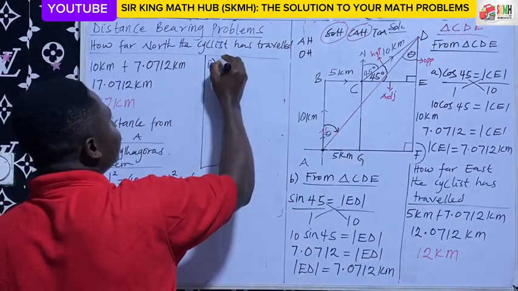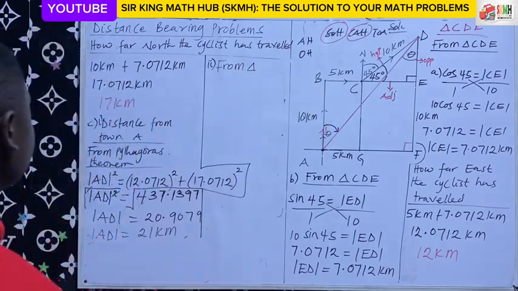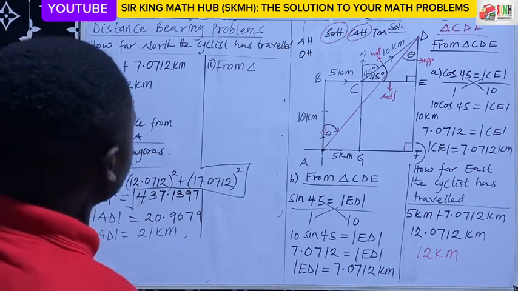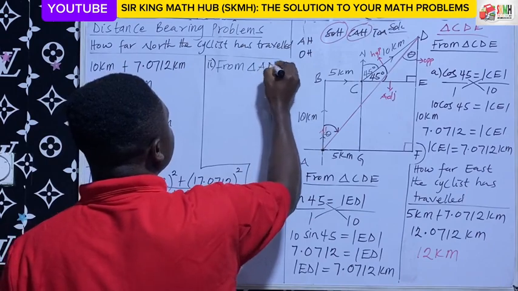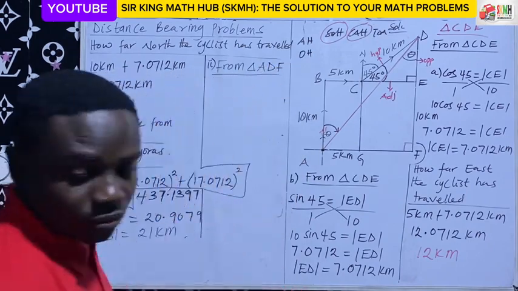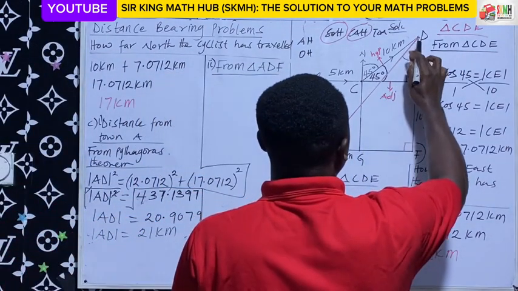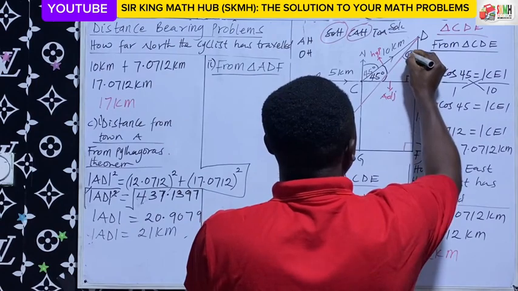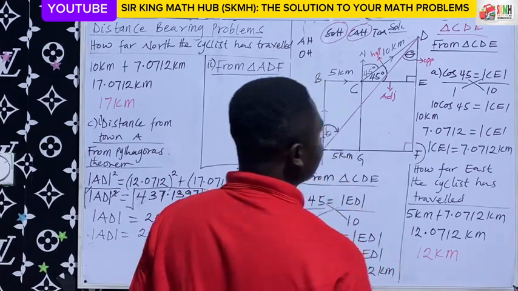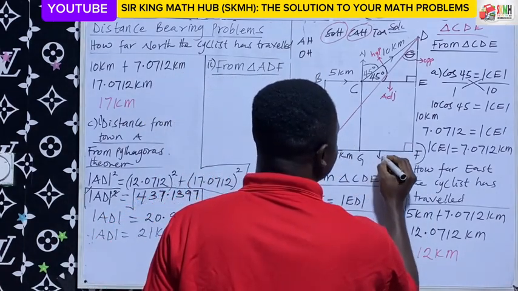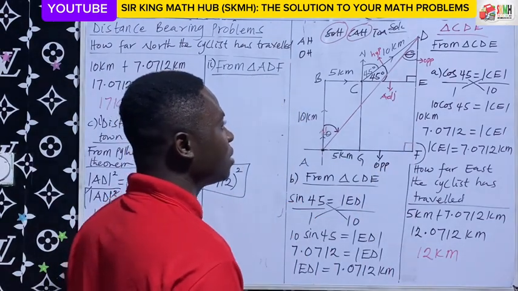How do we name the bigger right angle triangle? Let's name it triangle ADF. Now let's take note. This time, there is our acute angle, and we're making reference to the bigger right angle triangle. So this side becomes our opposite, that is how far east you traveled.